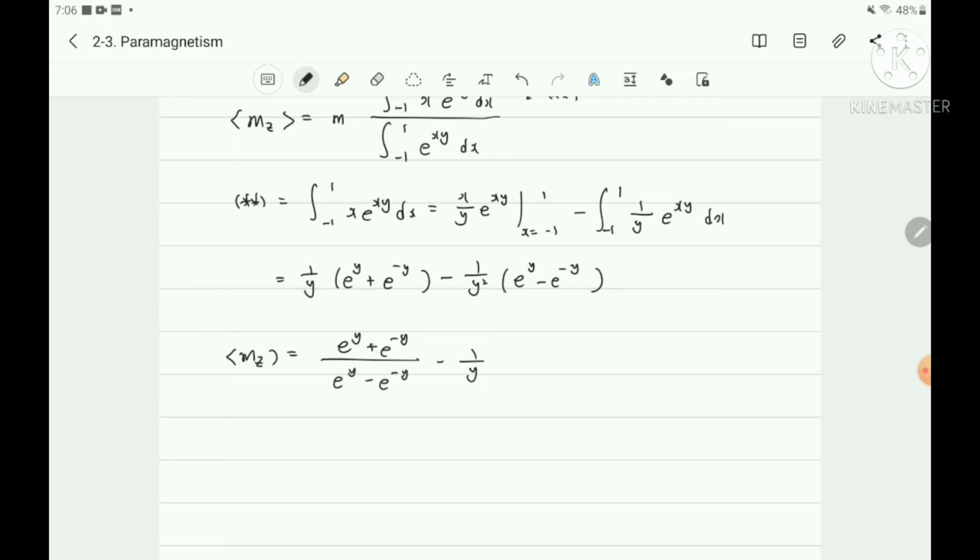Therefore, mg is m times (cotangent y minus 1 over y).